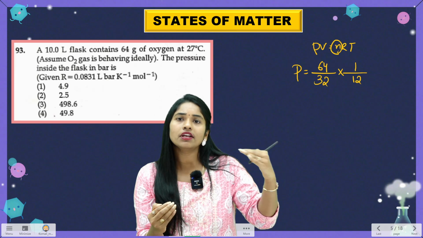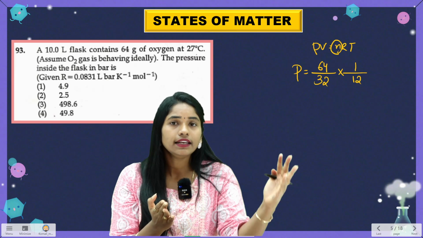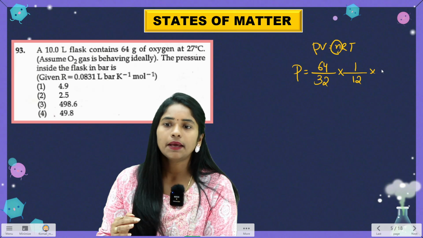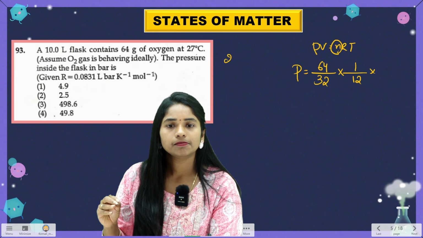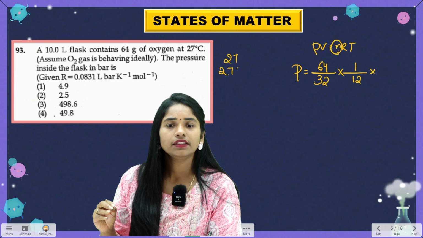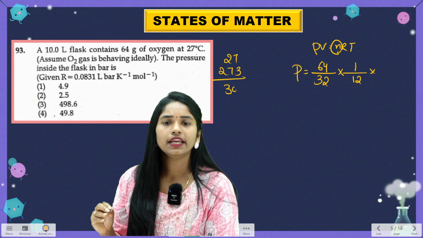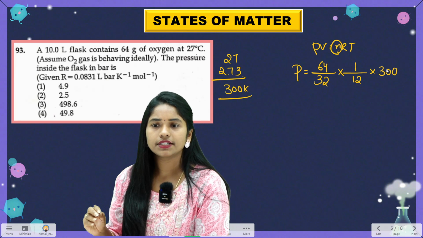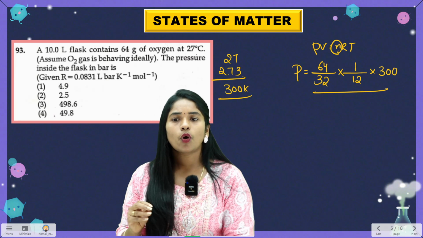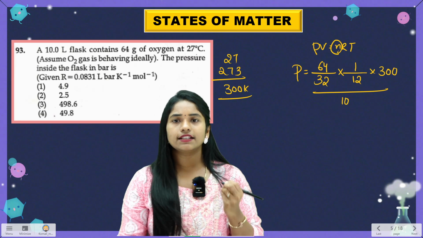Instead of 0.0831, we can use the nearest value, into temperature. How much? 27 degrees Celsius, so add 273, then we get 300 Kelvin as the temperature, divided by what is the volume, students? 10 liter is the volume.